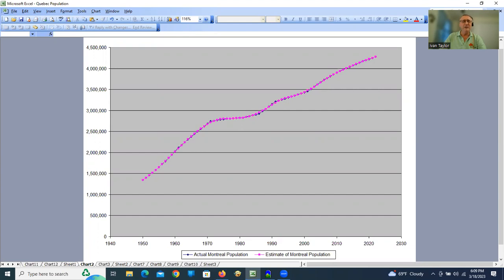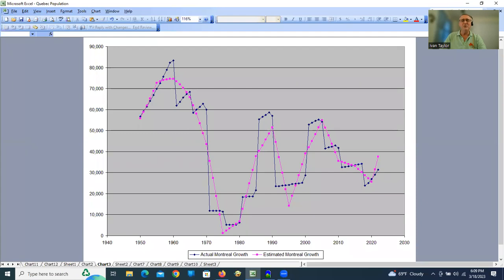And we can look here and we can see the match between the actual Montreal growth and the estimated Montreal growth. And we see that we get a fairly good match between the actual data and the estimates. Okay, so now let's go back to Vensim.